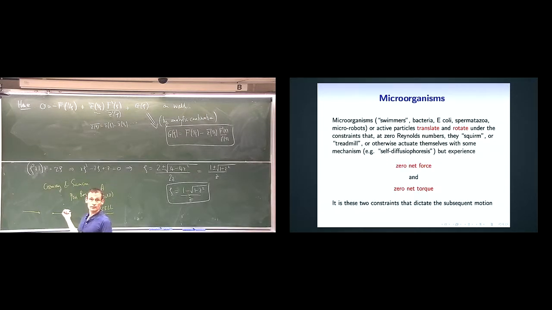It's on the internet. Just Google Purcell low Reynolds number, or Stokes law, some swimmers. You'll see it. It's only a few pages, but it's fascinating to read. And what he basically tells you is that when we go swimming, we basically propel ourselves through transfer of momentum.